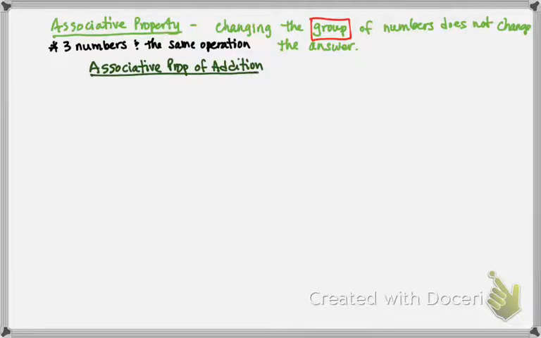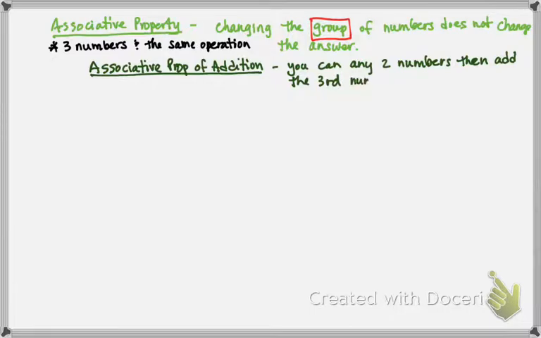And it basically says you can add any 2 numbers, then add the 3rd number, and the answer will always be the same.